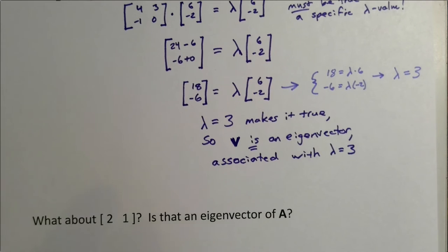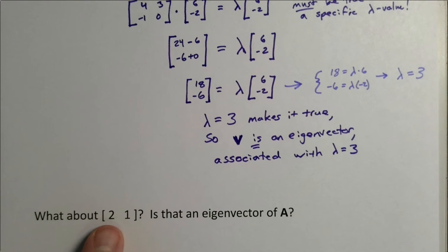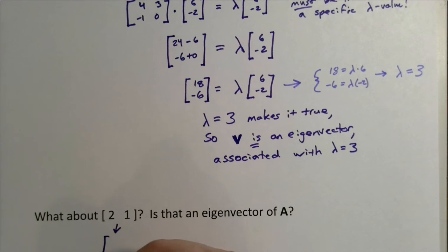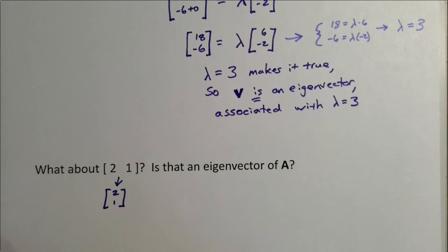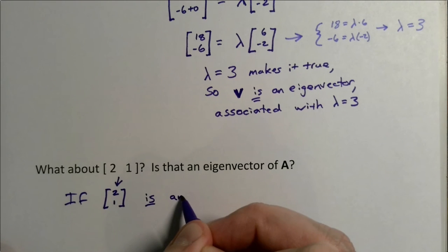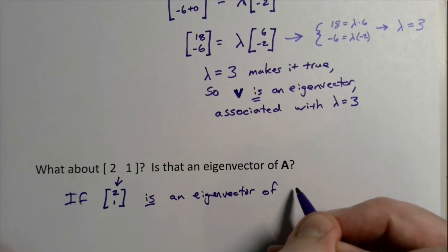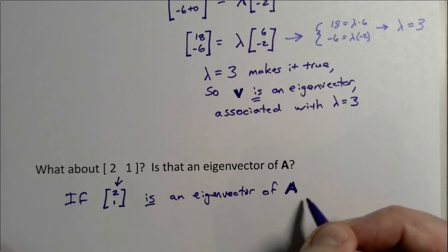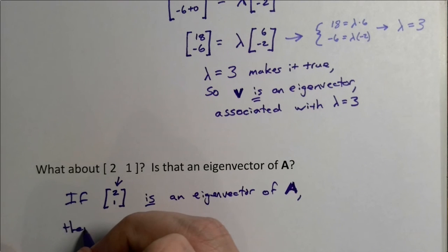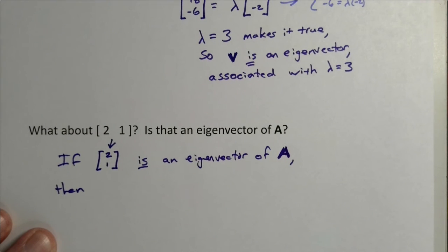So what about this? Now you'll notice it's written horizontally. That's just lazy math teacher or lazy math textbook, right? And so this is really the same thing as the vector 2, 1. So if that thing is an eigenvector of A, then we can set up that exact same equation.